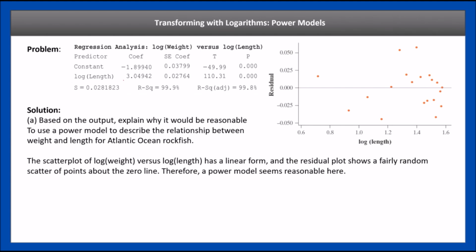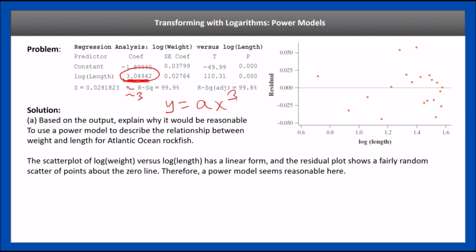Well, remember I said that the slope of the LSR, the least squares regression line, is going to tell you the power of the model. This looks to be about 3, right? So this is approximately 3, which means it's demonstrating that our power model is y equals ax to the third power. So it's approximately cubic.